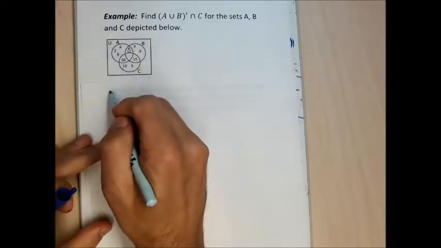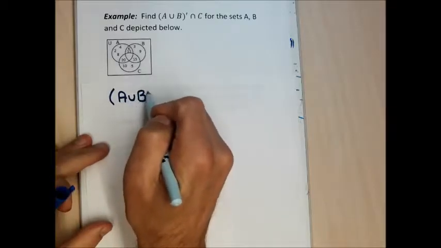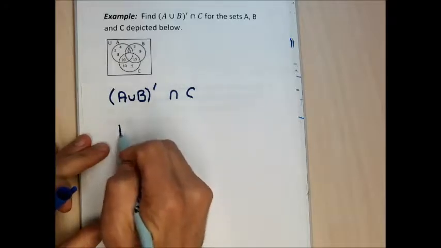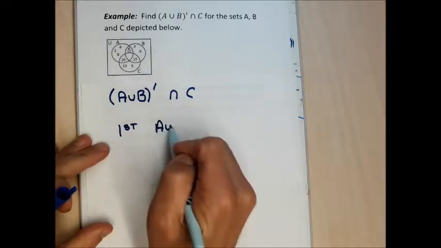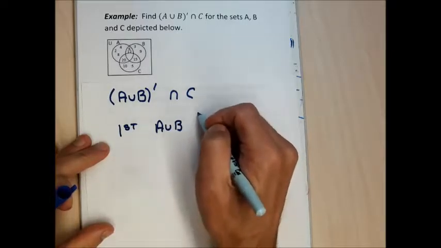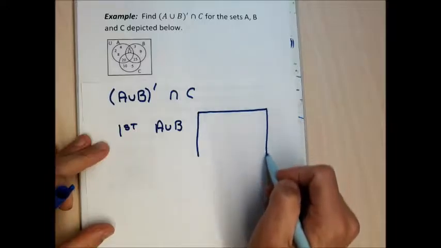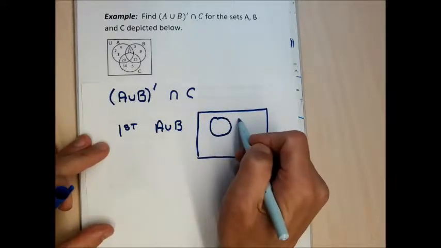So first, if I'm trying to find the region that's represented by A union B complement intersection C, the first thing I'm going to need to do is the inside of the parentheses and sketch a graph of A union B. So I'm going to draw a Venn diagram that looks something like the Venn diagram that's given to me, other than I'm not going to take the time to put the numbers in.